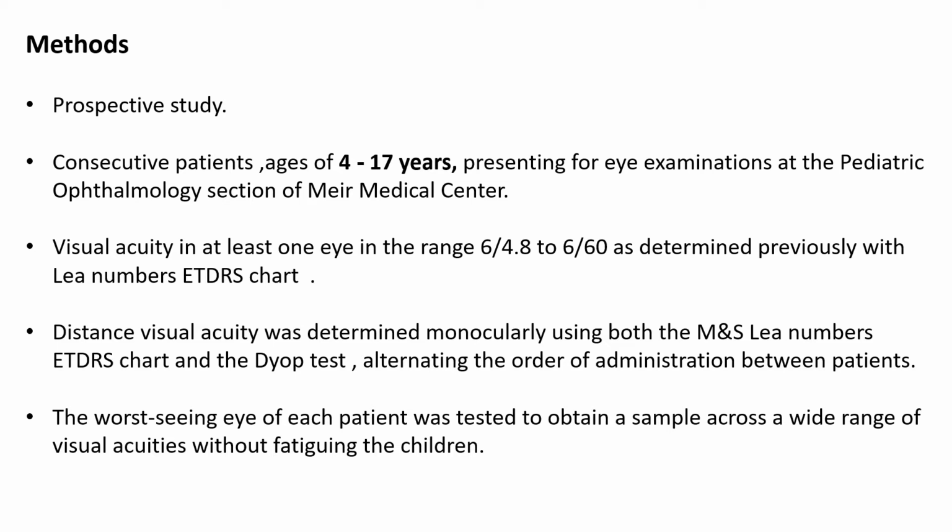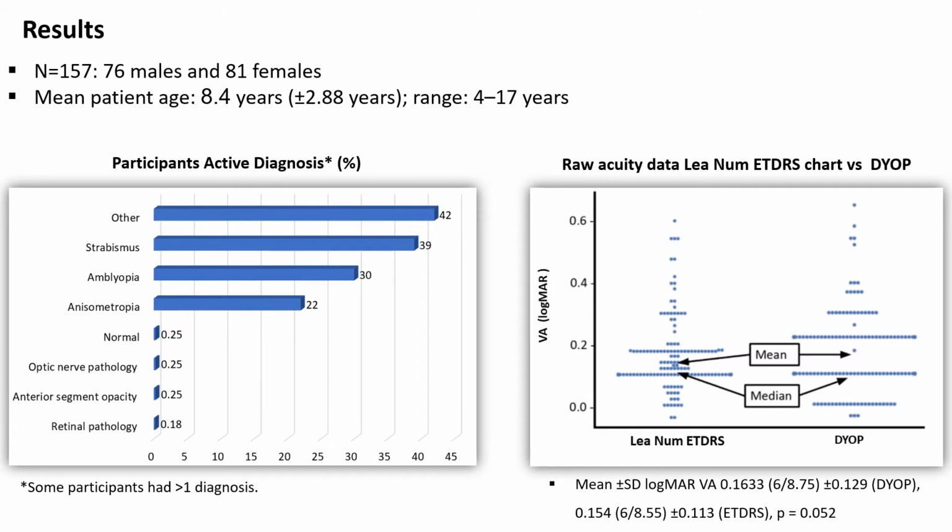The worst-seeing eye of each patient was tested to obtain a sample across a wide range of visual acuities without fatiguing the children. The number of patients was 157, of them 76 males and 81 females. The mean patient age was 8.4 years and the range was 4 to 17 years.